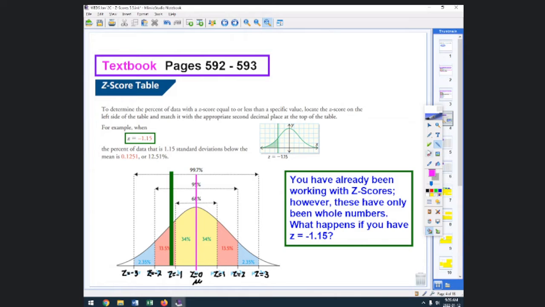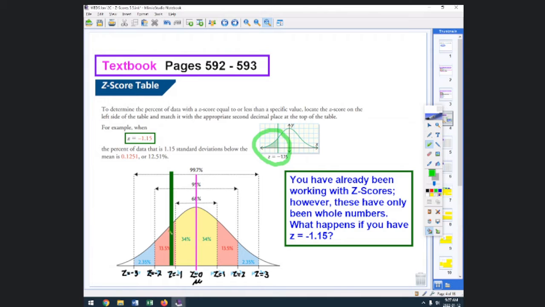Now, if you notice on the diagram, we are talking about the area under the curve. Area under the curve is calculus, and we're not doing calculus here. We are just going to use what we know about these z-scores to make some sense of some questions. It's always the area to the left. So you know Beyonce's song, to the left, to the left.